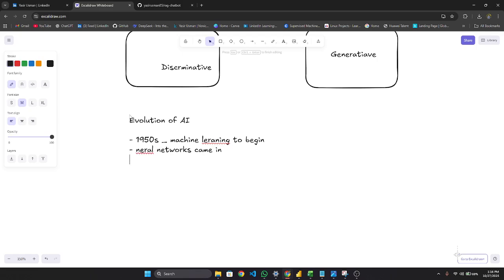After neural networks, we have multi-layer neural networks, which we call deep learning. Then we get into generative AI and foundation models. A foundation model is basically ChatGPT, something built that we then build on. So let's go deep into foundation models.